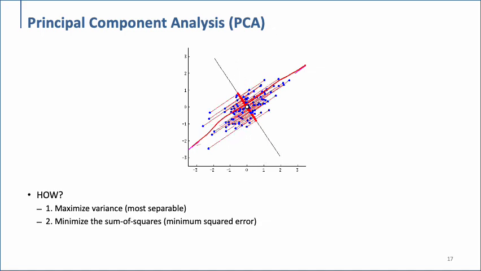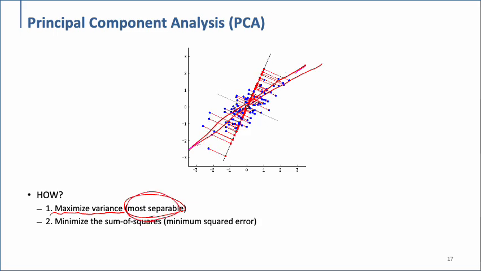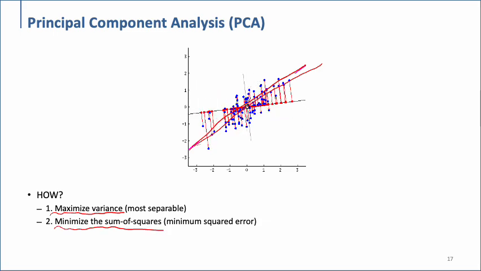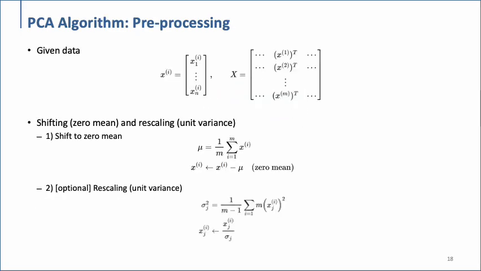So that's how we find the maximum variance. At this point, where the axis is along this line, the data is mostly spread along this axis. So that's how to calculate the principal components, or to minimize the sum of squares. So that's the idea of the PCA algorithm.